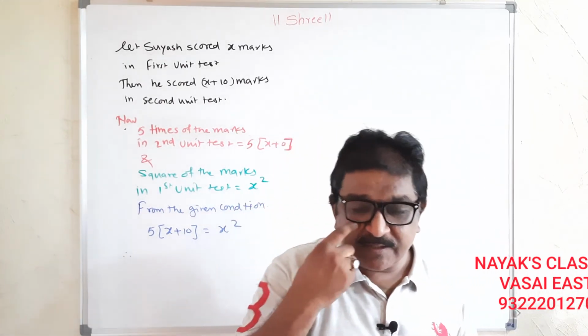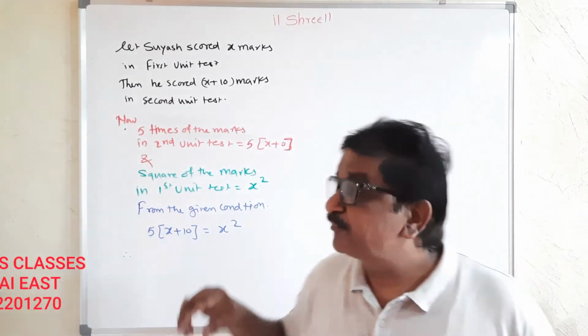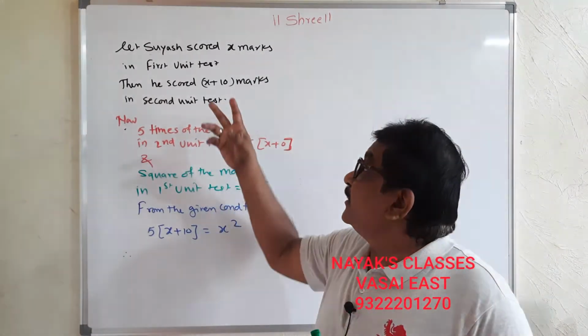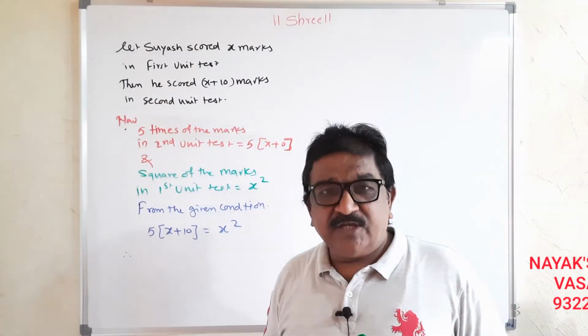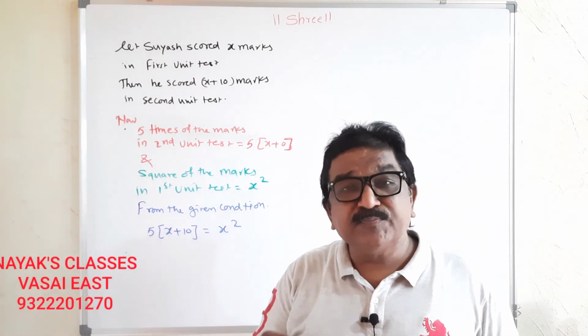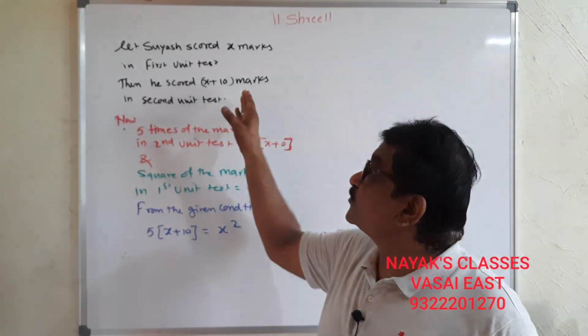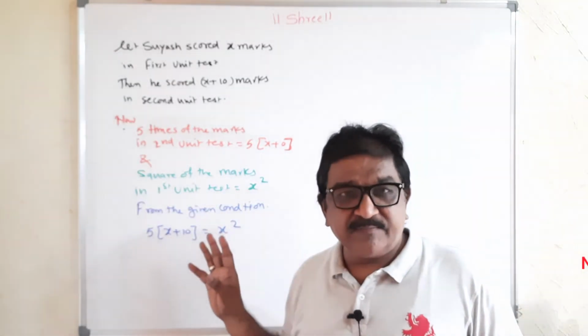So, the assumption is, suppose he scored x marks in the first unit test. Then in the second unit test, he improved himself and got x plus 10 marks. Correct? This is the first part of the example.